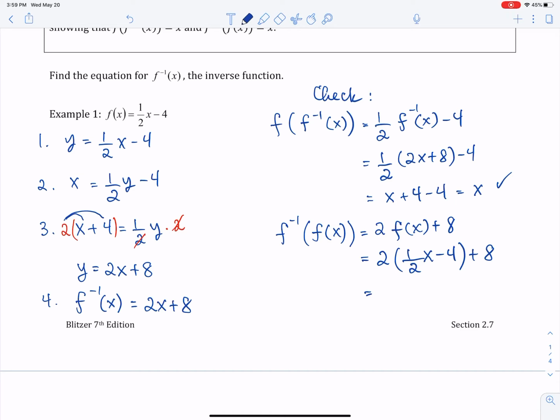Distribute the 2. 2 times 1/2 x is x. 2 times negative 4 is negative 8. Plus 8 is indeed equal to x. So we have worked correctly, and the inverse function is 2x plus 8.